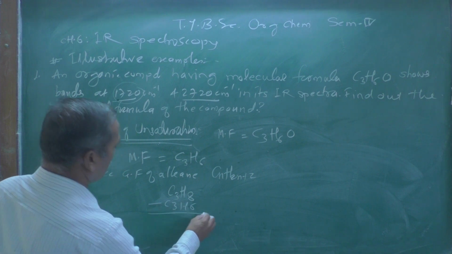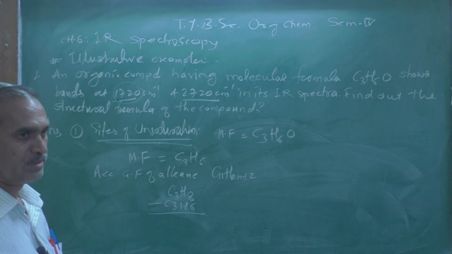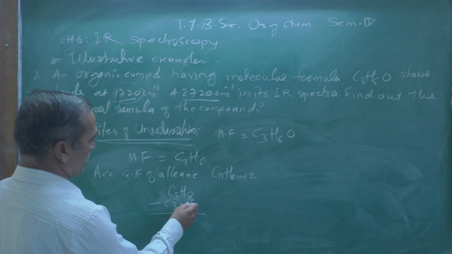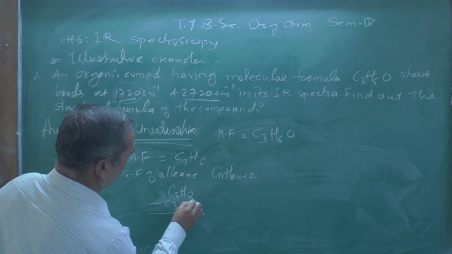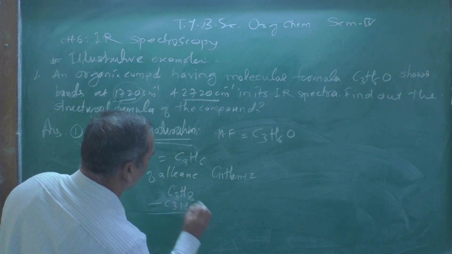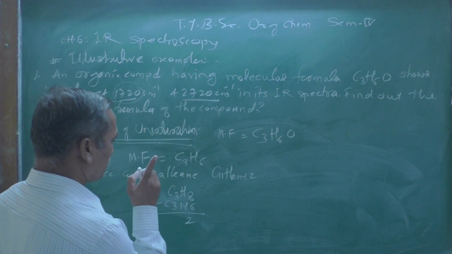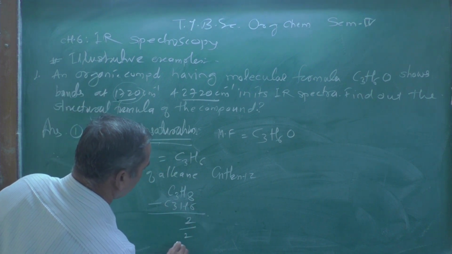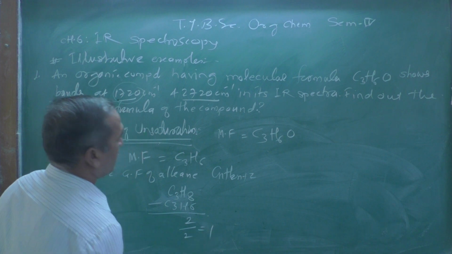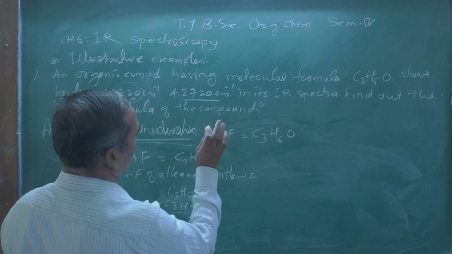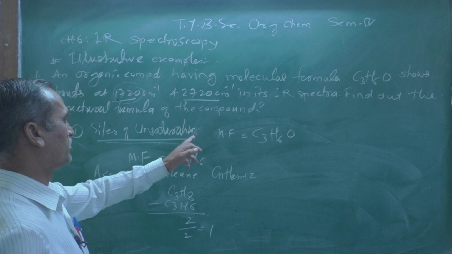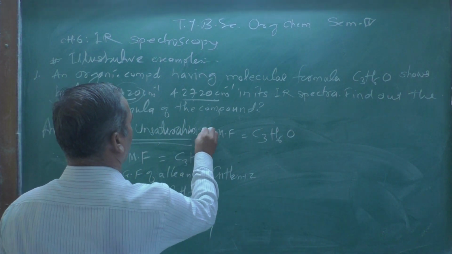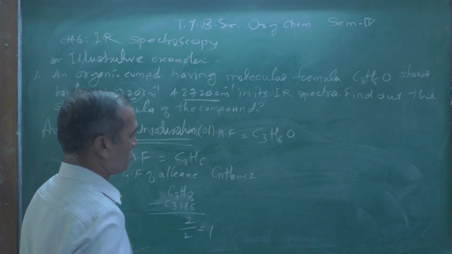Then from this, minus C3H6, just do the mathematics. C3 cancels, 8 minus 6 remains 2, and whatever remains, 2, divide by 2, the answer is equal to 1, and therefore the site of unsaturation for this organic compound is 1. You have to write here that 1 site of unsaturation is there.